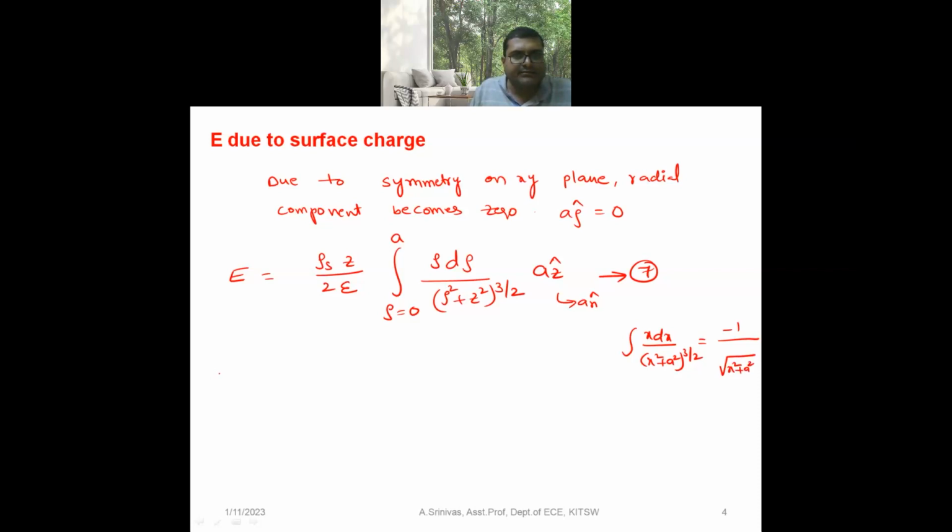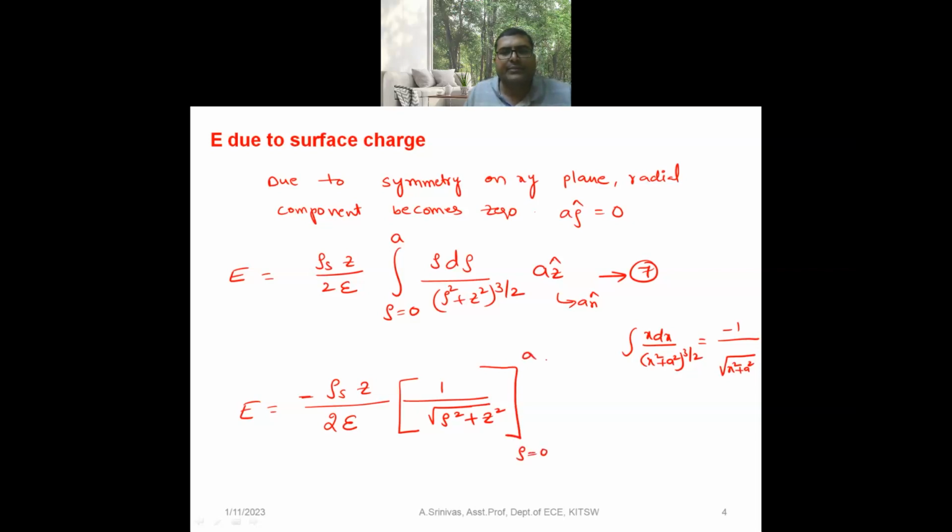Based on this identity, this can be simplified as E is equal to minus rho s z by 2 epsilon times 1 by root of rho square plus z square, where rho is ranging from 0 to a.